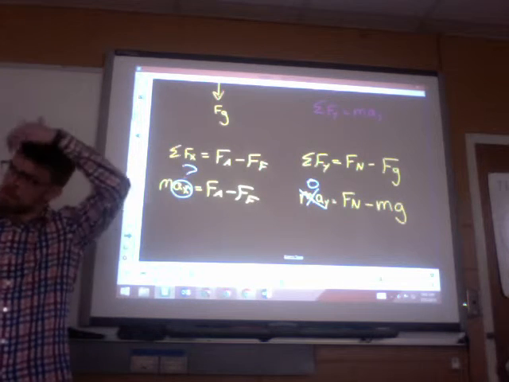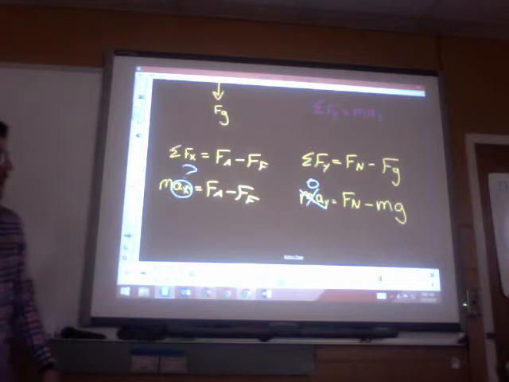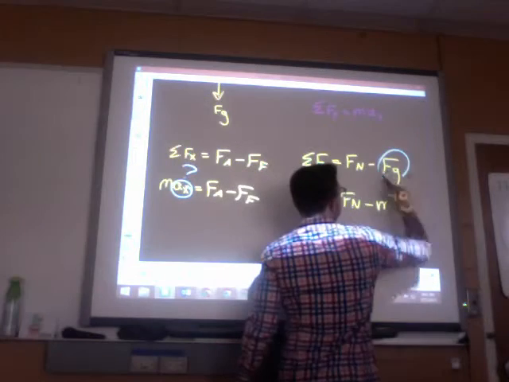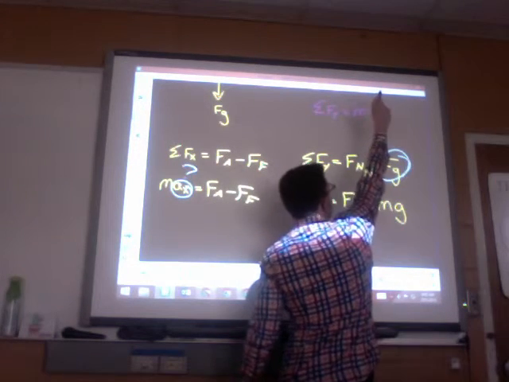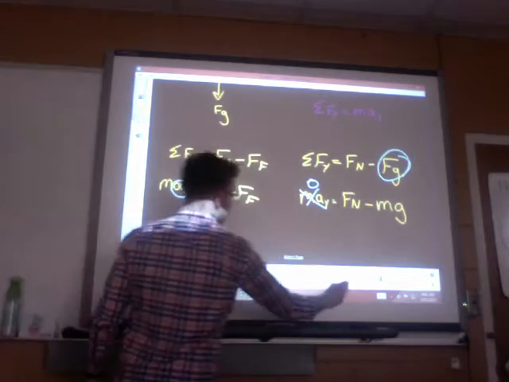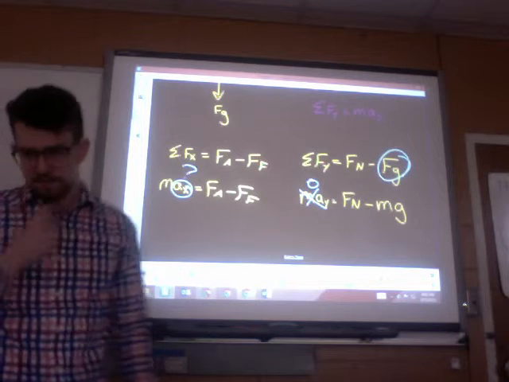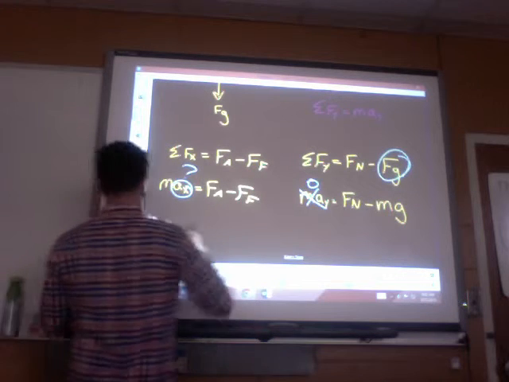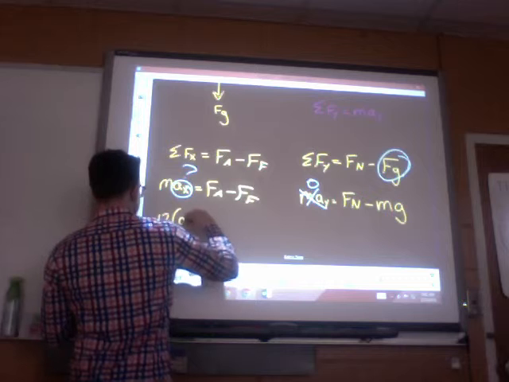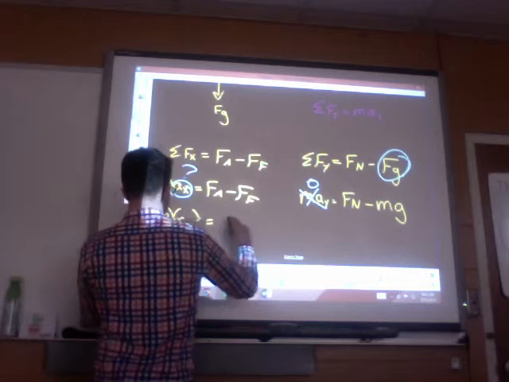It says Fn minus mg. Well, we replaced this Fg with mg because it's one of those minis, but we don't need that equation anyway. Now we can plug everything in. I think they gave us mass, 12. So it's 12 times 8x, equals 68.